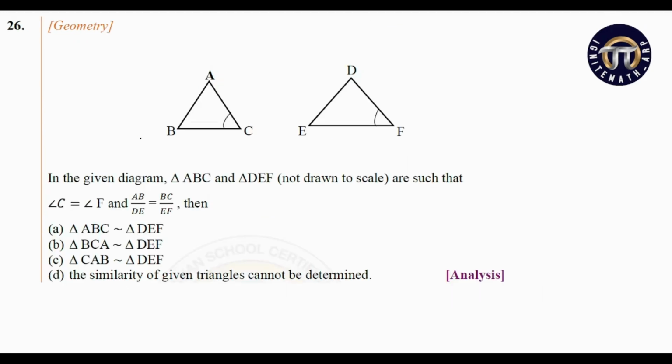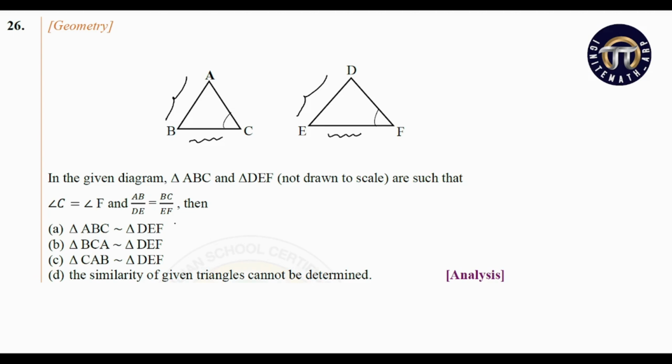So let's proceed with the 26th question now. In the given diagram, ABC and DEF are such that angle C is equal to angle F. AB by DE, so AB is this side, DE is this side. BC by EF, so BC is this side, EF is this side. Clear?